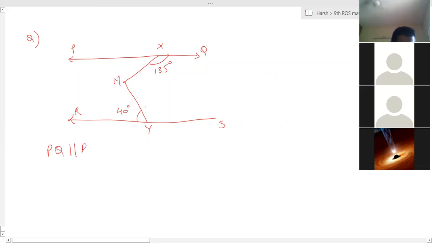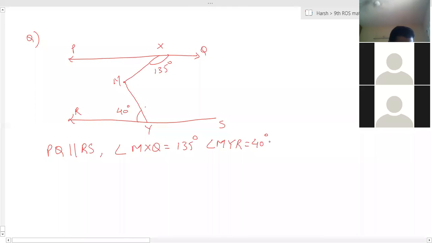Angle MXQ equals 135 degree. Angle MYR equals 40 degree. Find the value of angle XMY.